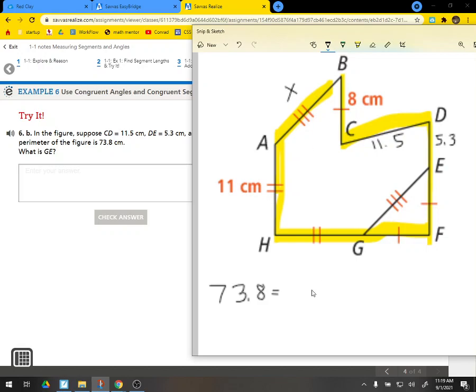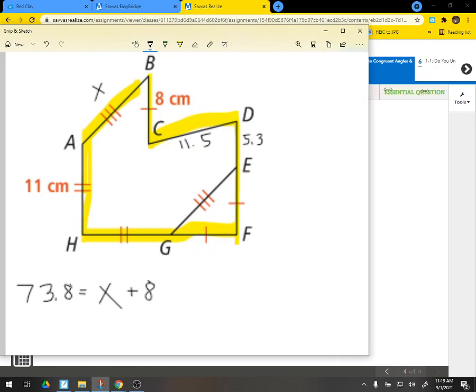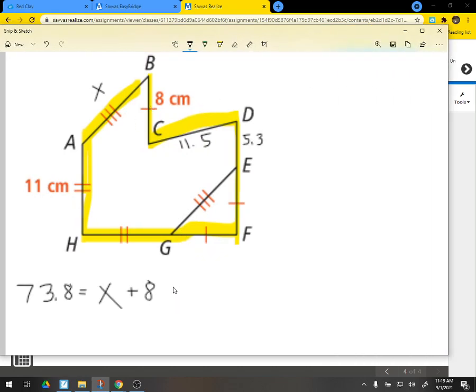We don't know x. We know it's x plus 8 plus 11.5 plus 5.3 plus, shoot, what's that?